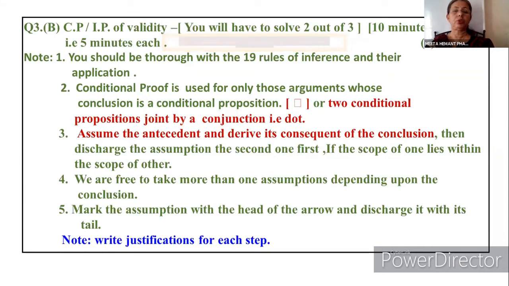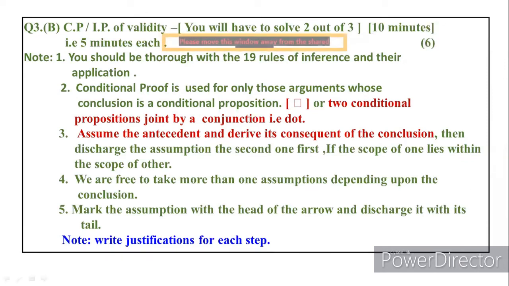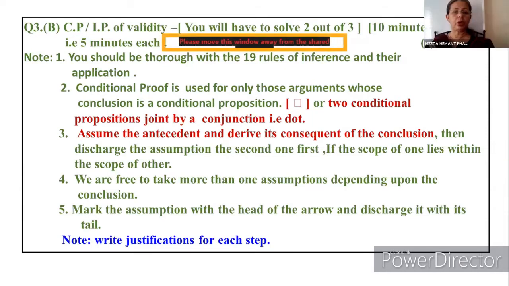So you're going to assume first G, then the second assumption will be G. So this way you will be using your required 19 rules of inference and derive the consequent.